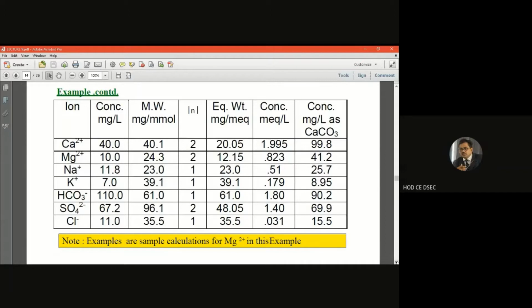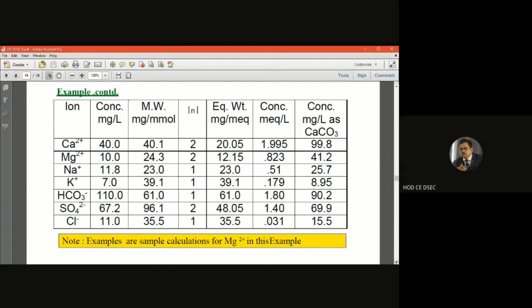So the concentration in milliequivalent per liter will be obtained like this. Suppose I am putting one example: calcium concentration is 40 milligram per liter. Its equivalent weight is 20.05 milligram per milliequivalent. So what will be the concentration of calcium in milliequivalent per liter?